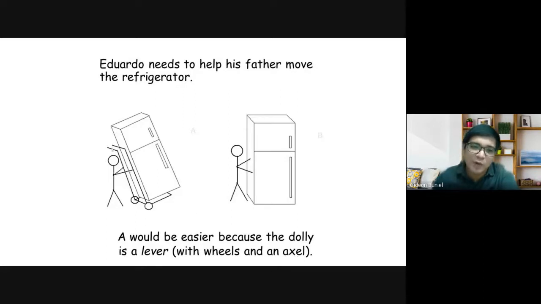So this one, from the handle here until here, represents a lever. The force is applied here, and then there are wheels and axle. So this is the wheels and axle here. So it rotates. So it's much easier compared to figure B.